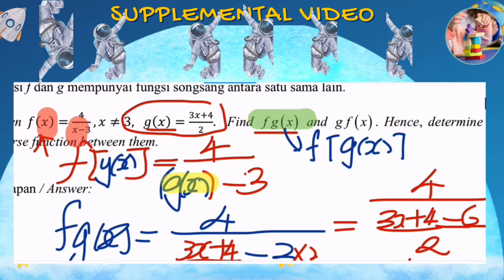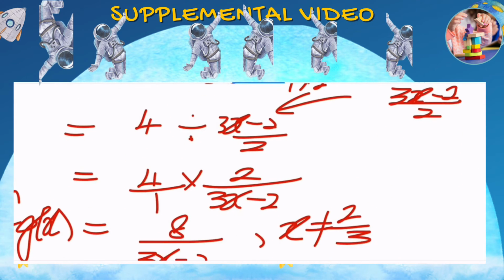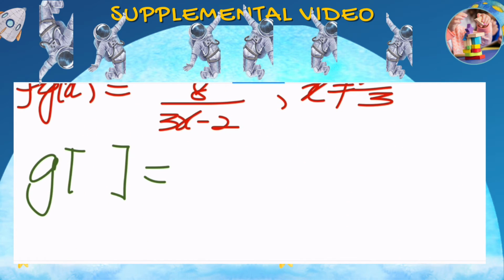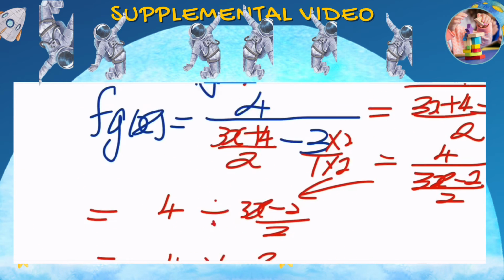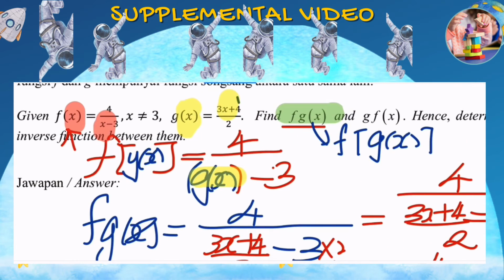Okay, so we have found f(g(x)). Now we are going to find g(f(x)). So we have to copy down g(x) first. g(x) is (3x plus 4) over 2. So the same, we will copy g. When we see x, we leave it blank. 3x, x we don't write, right? Then plus 4 over 2.